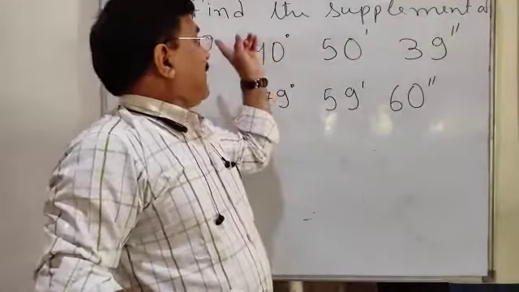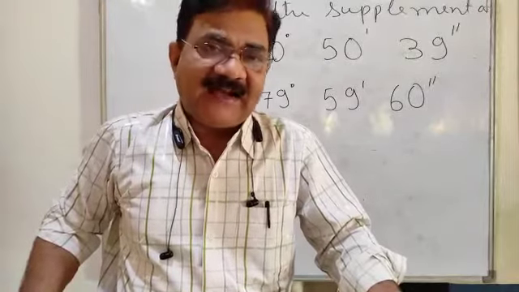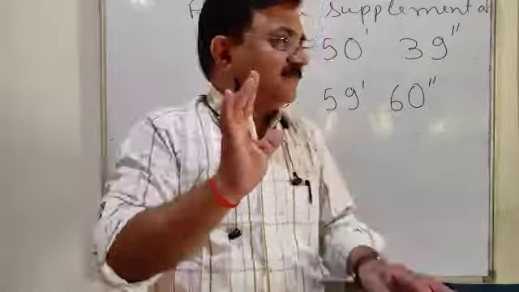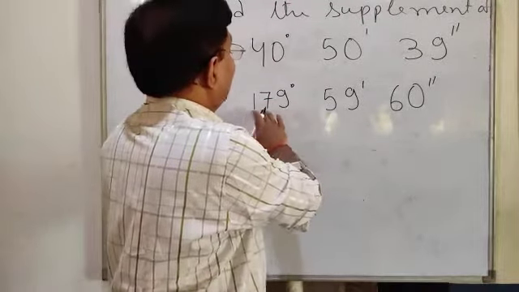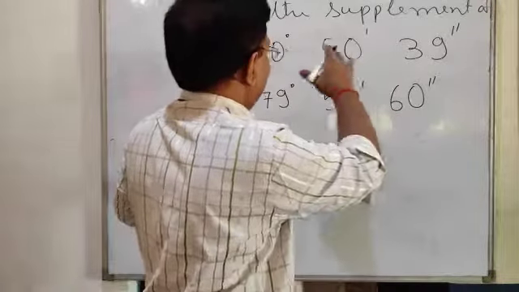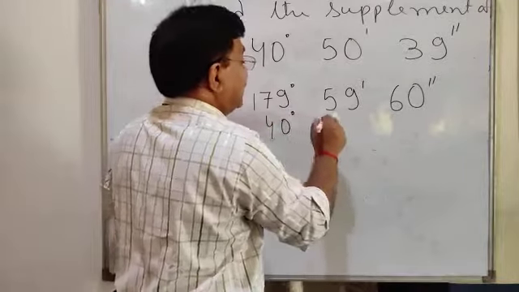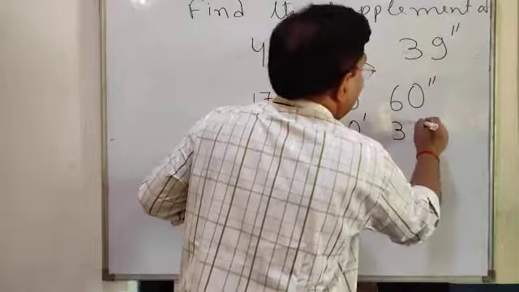I have asked you to find the supplement. Supplement means we have to subtract it from 180 degrees. We can write 180 degrees as 179 degrees 59 minutes 60 seconds. Now we can easily subtract 40 degrees 50 minutes 39 seconds.